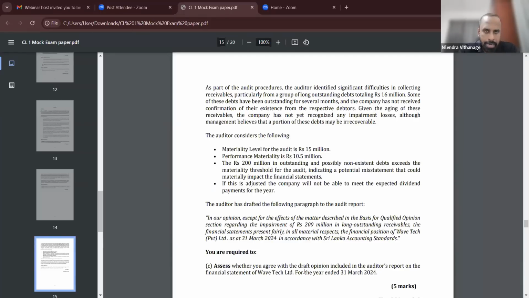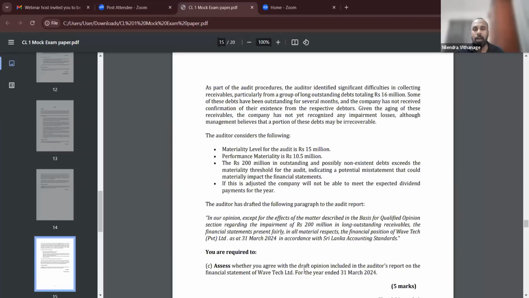It is difficult to collect from these debtors. So which risk do we have here? Risk of bad and doubtful debts, valuation of receivables, impairment of receivables risk is there. 16 million value. We need to see whether this is material or not.